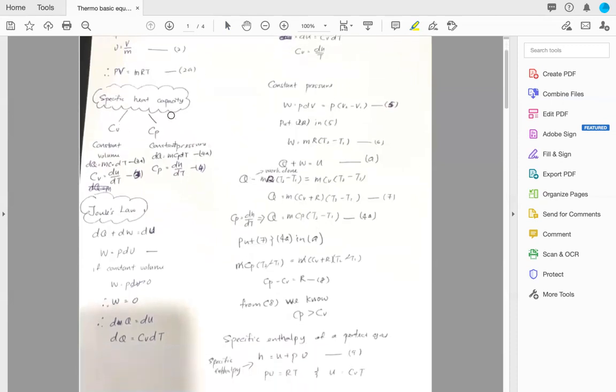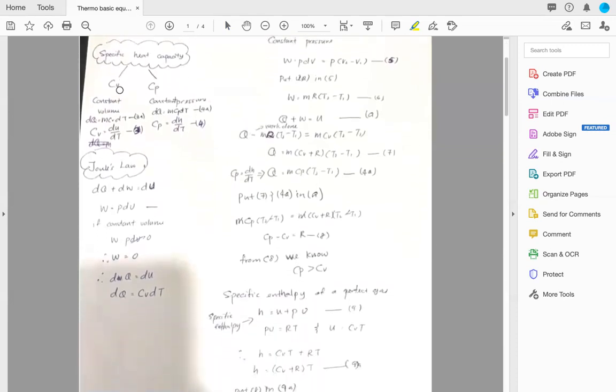So specific heat capacity, we have two. One is CV and another one is CP. CV is constant volume. If you refer to your textbook, CV is related to the internal energy, delta U over delta T. You can write the heat as delta Q equals mCV delta T at constant volume.